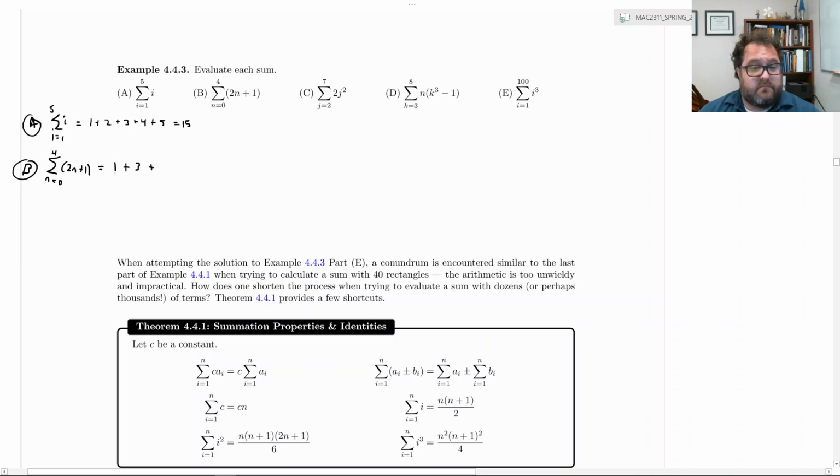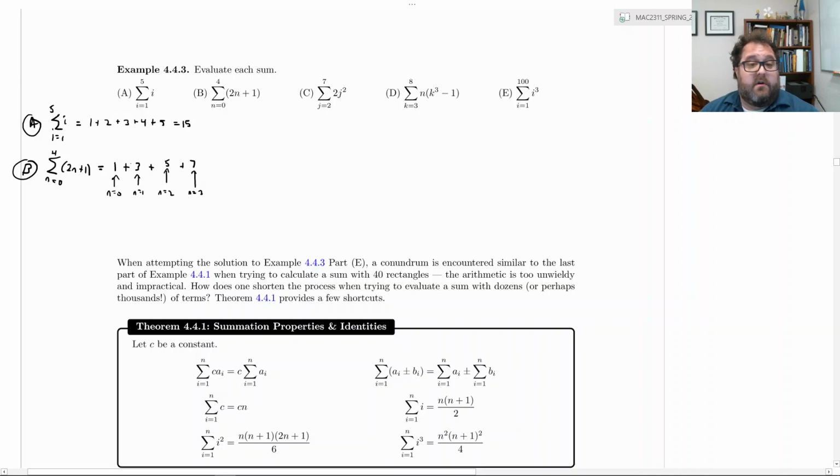Plus, plug in n equals 2: 2 times 2 is 4, plus 1 is 5. Plus, let's plug in n equals 3: 2 times 3 is 6, plus 1 is 7.